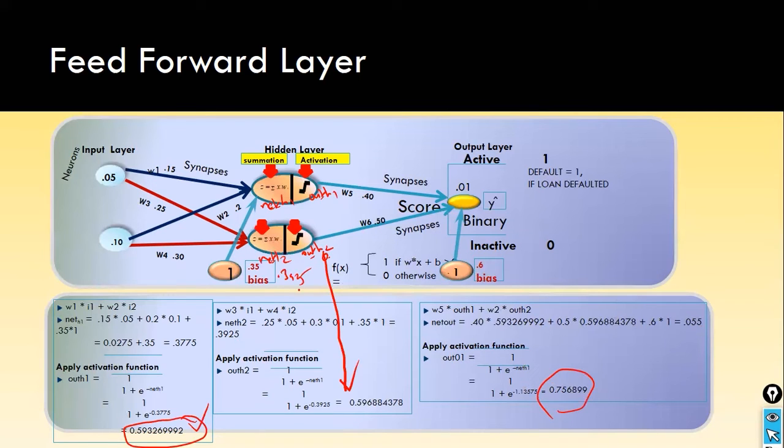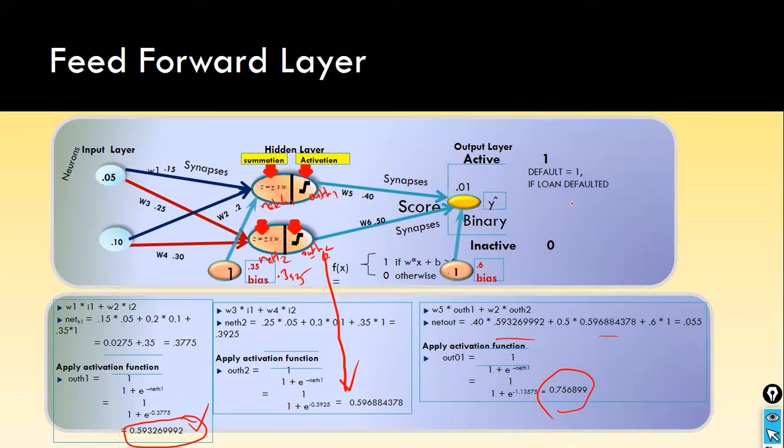Finally, these two are coming from out H1 and out H2. When you multiply the out H1 with the W5 weight and out H2 with the W6 weight, and add these two things, you will get some value. And if you apply the activation function, in this case a sigmoid activation function, you get 0.75.